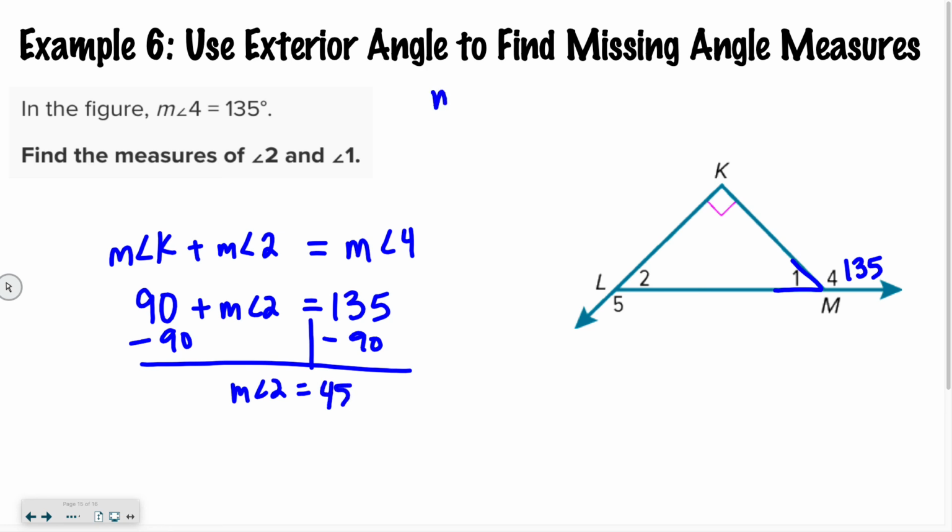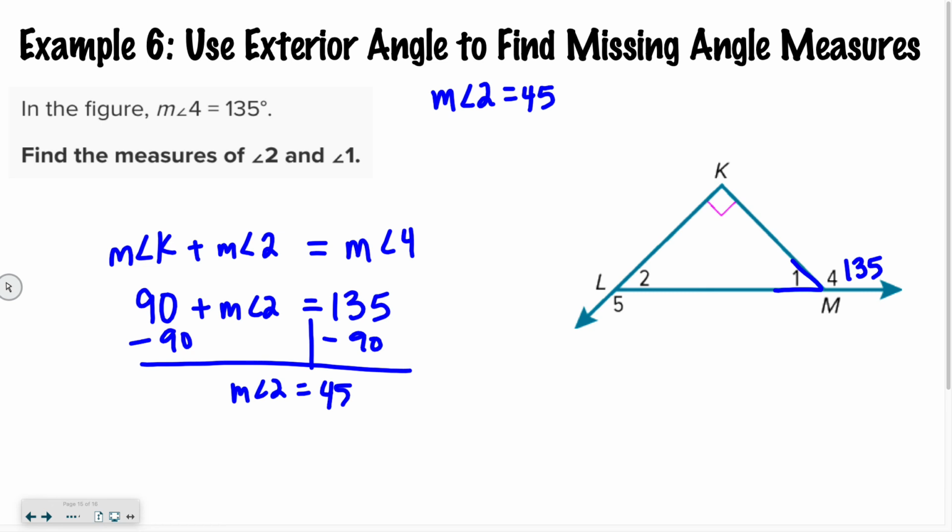Okay, so we have the measure of angle 2 equals 45. And then we have a couple different ways that we can solve for the measure of angle 1. You either can say that it is supplementary with angle 4, or you can say that there are 180 degrees in a triangle.